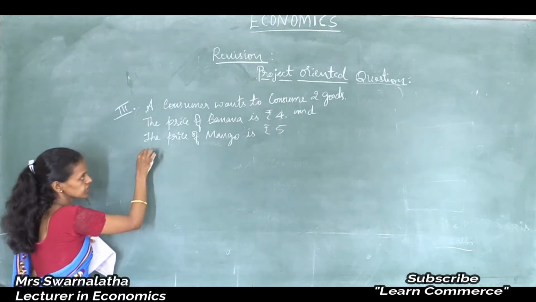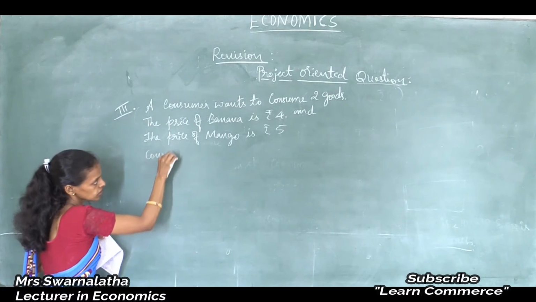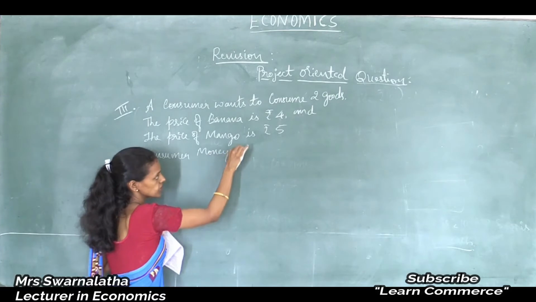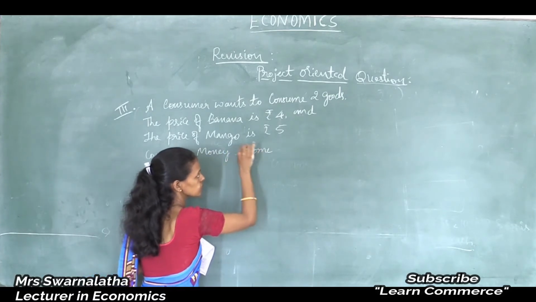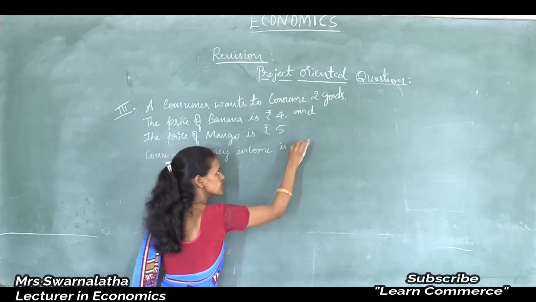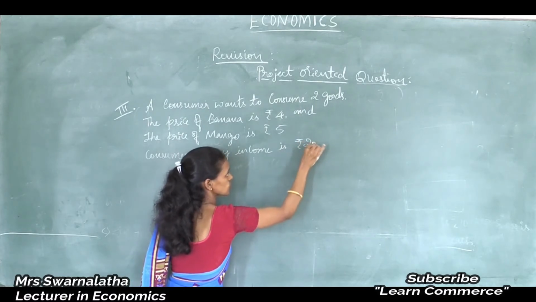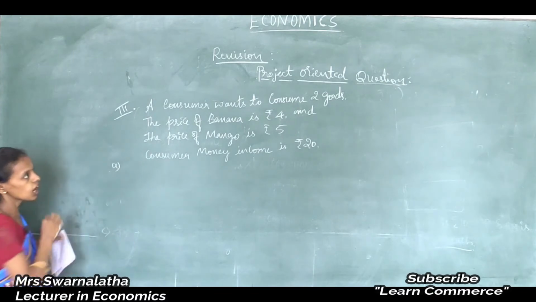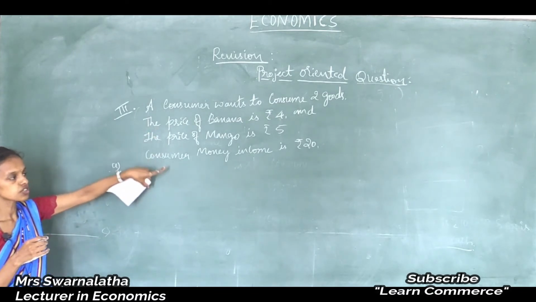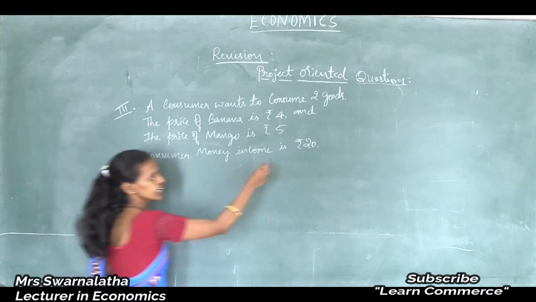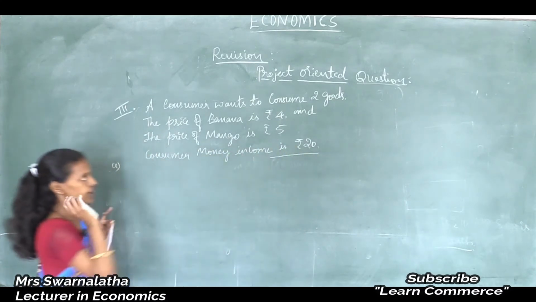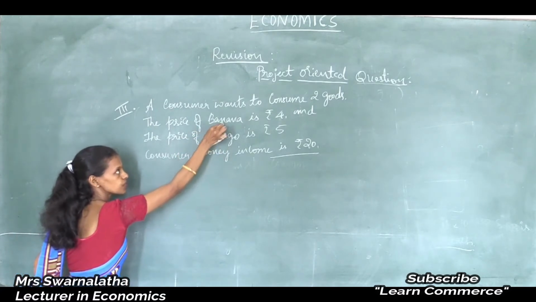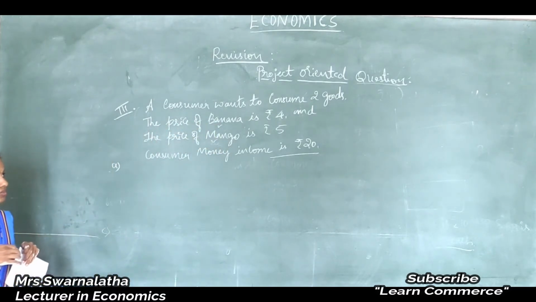Consumer money income is rupees 20. So question A, how much banana can she consume if she spent entire income? How much mango can she consume?